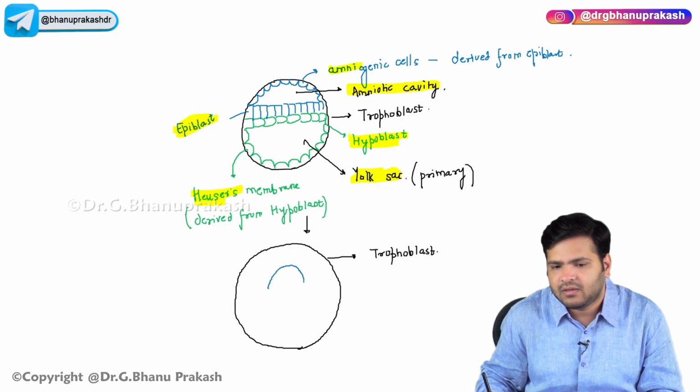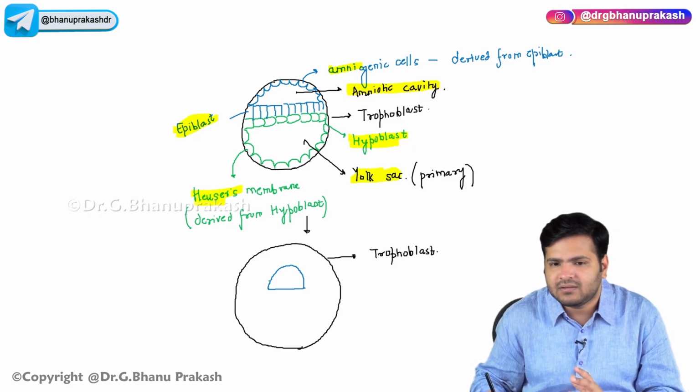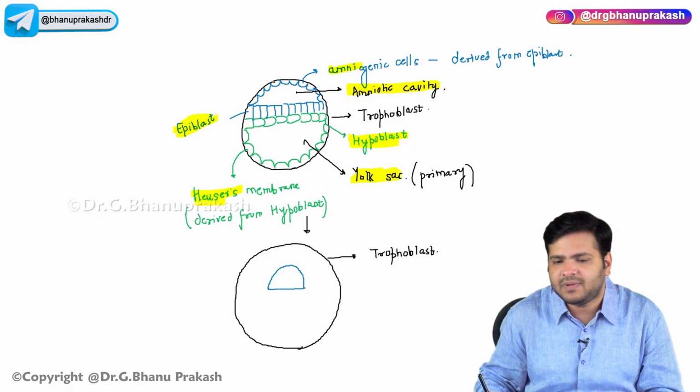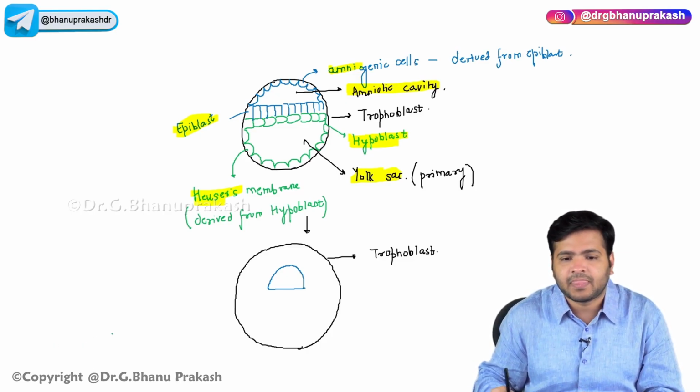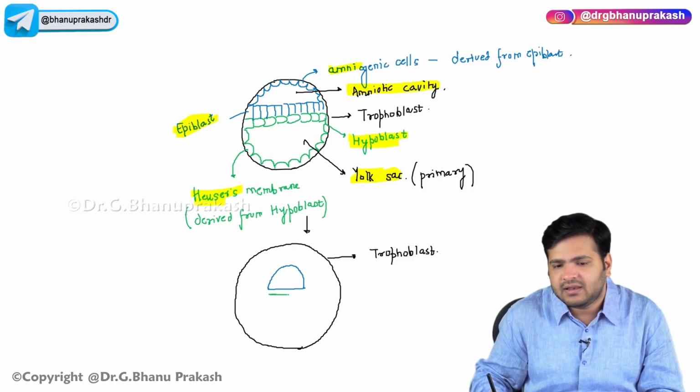This is nothing but the embryogenic cells and the epiblastic cells. Apart from that, I will draw the hypoblast and the Heuser's membrane in a single line like this.